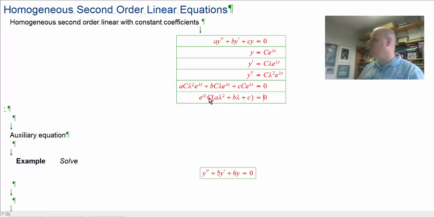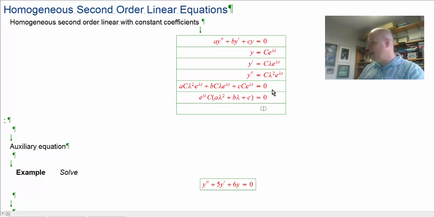Anyway, none of these pieces can be equal to 0, so the only option for solving this is if a lambda squared plus b lambda plus c is equal to 0. So this is what we're going to call the auxiliary equation.